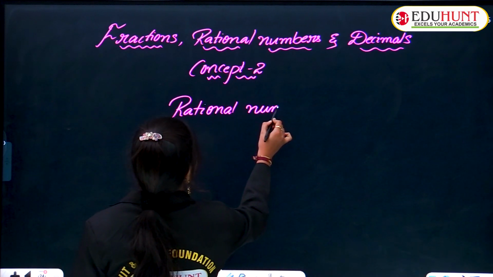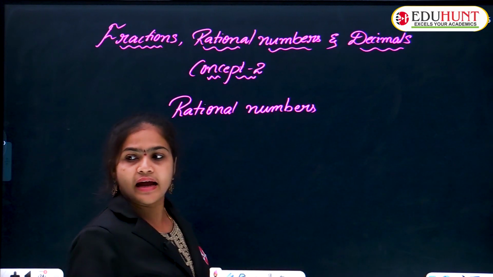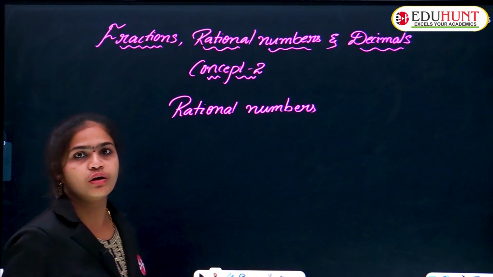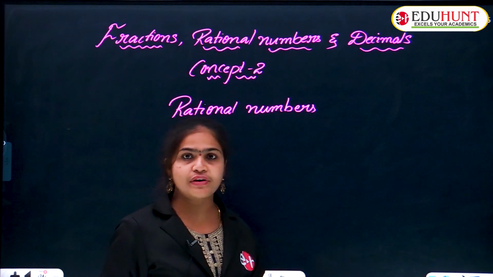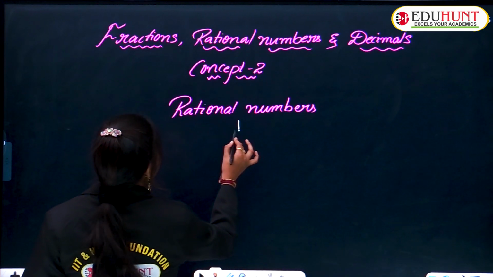Rational numbers. I already told you rational numbers are classified further. Rational numbers are the combination of negative fractions and positive fractions along with integers. Now what can we observe in rational numbers?